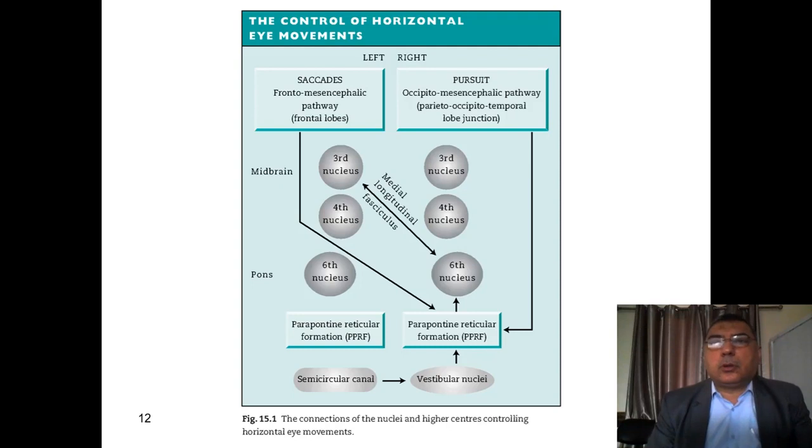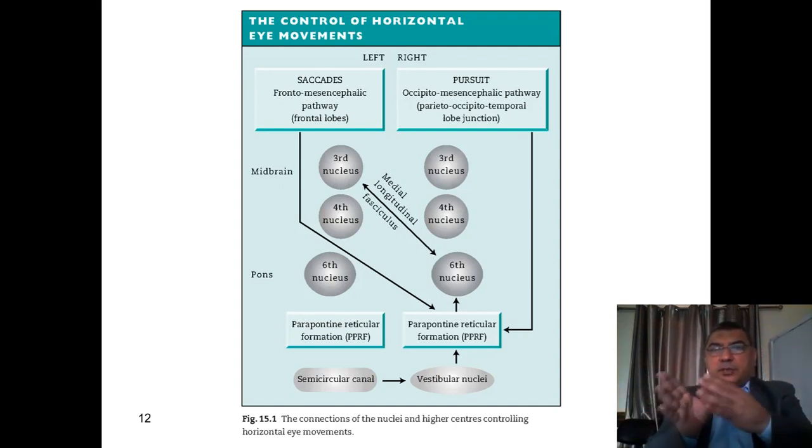Higher cortical control of ocular motility occurs in the cerebral cortex, and this controls the fine ocular movements, which is the pursuit movement. When you follow a target, this is called pursuit movement. It is controlled by the occipito-mesencephalic pathway in the parieto-occipito-temporal junction.